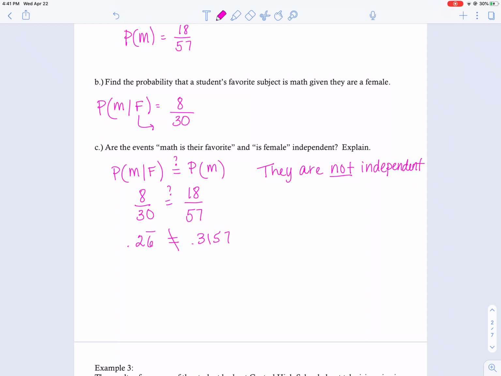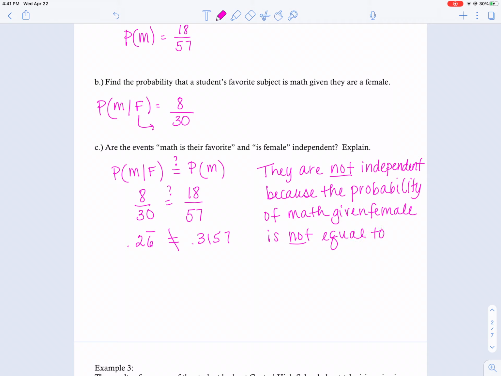And simply because the probability of math given female is not equal to the probability of math.